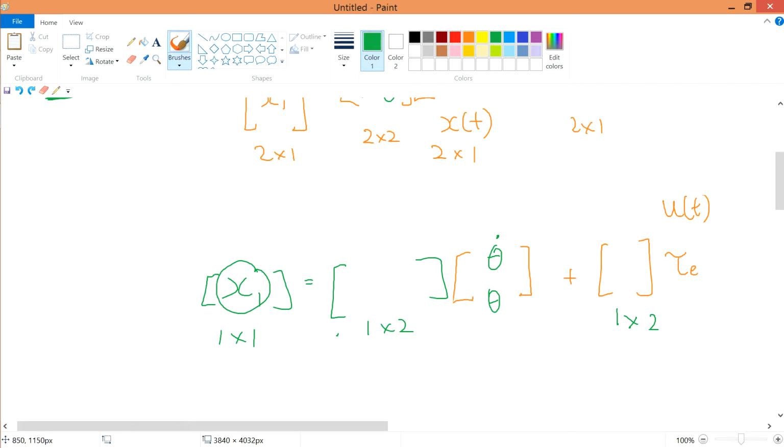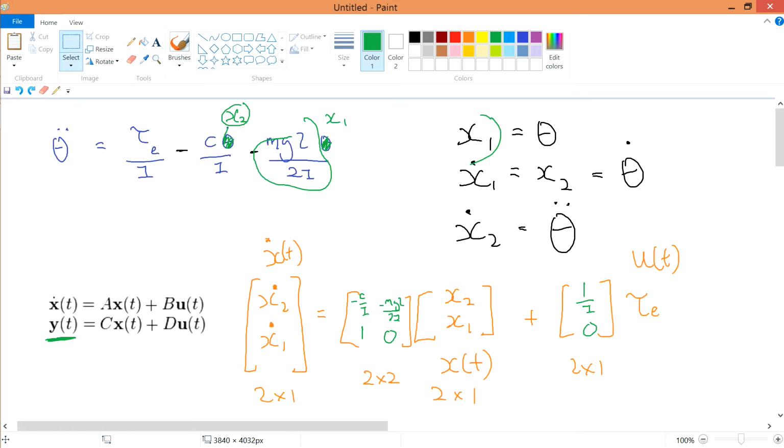And therefore x1 is equal to theta, so 1 times theta is equal to x1. And then there is no input term here, therefore it's 0, because the equation itself is simply x1 equals theta, and that's all.